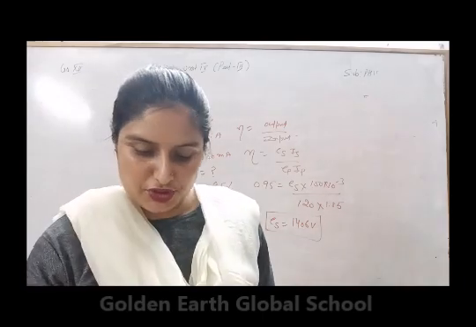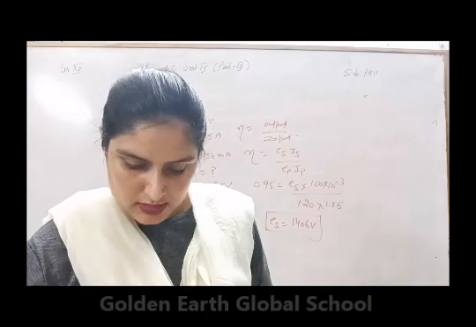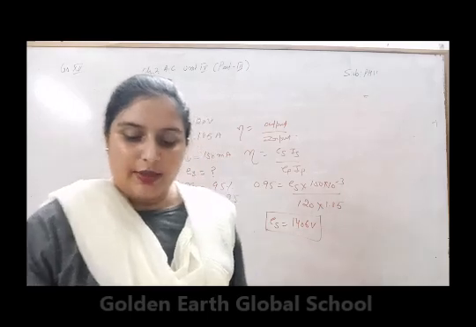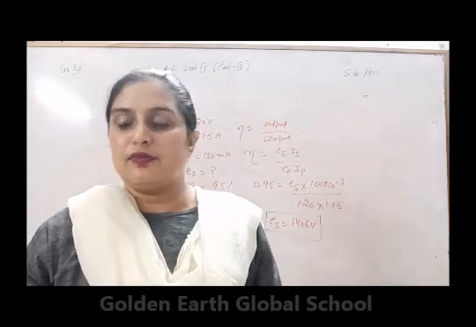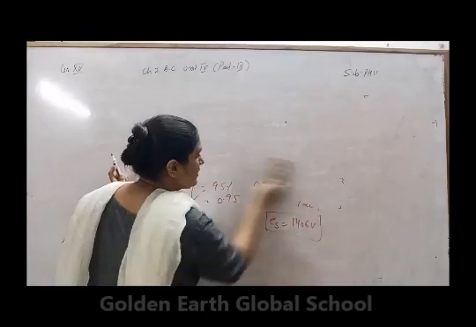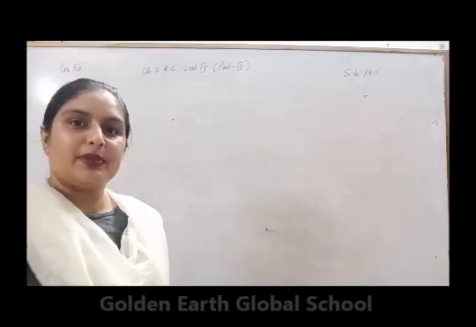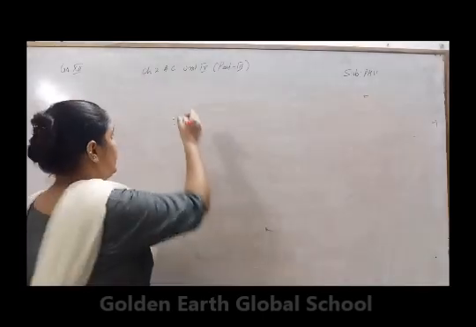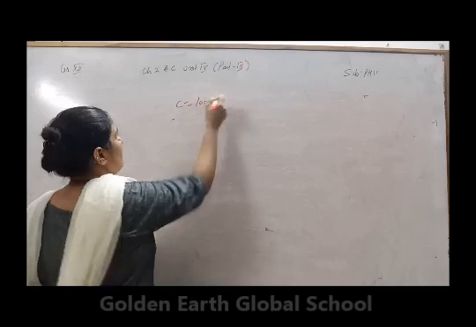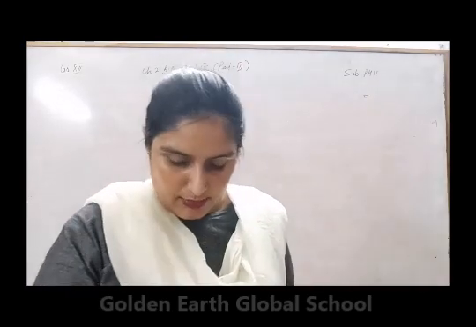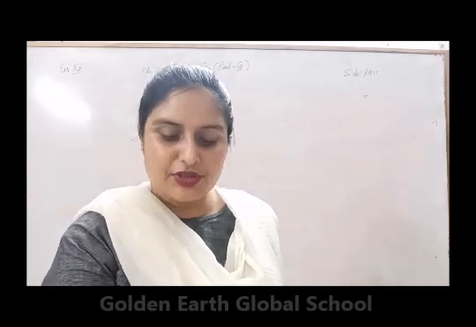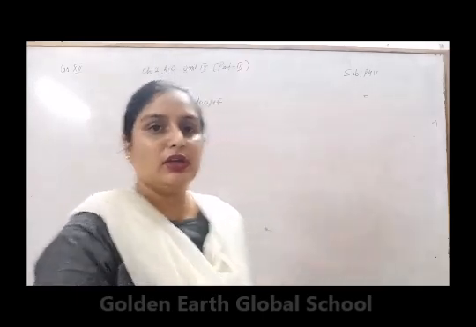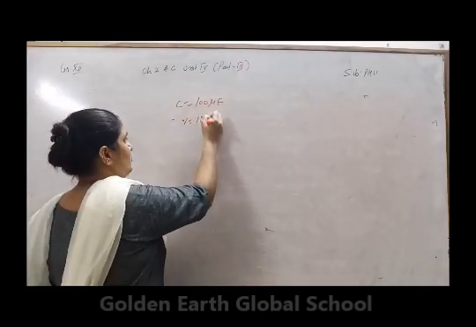Clear? Now next question that we are going to discuss is: a capacitor of capacitance 100 microfarad, C is 100 microfarad, is charged to a potential of 12 volt, means in this case V is equal to 12 volt.